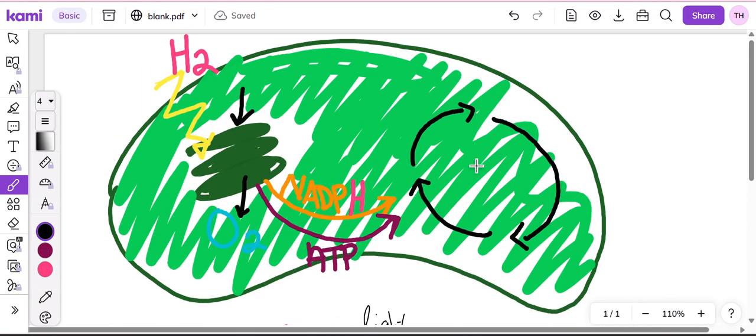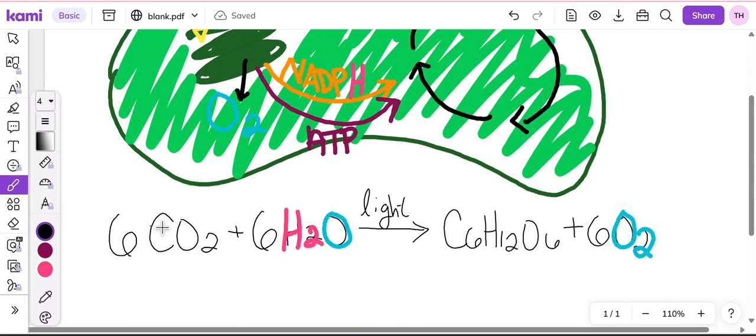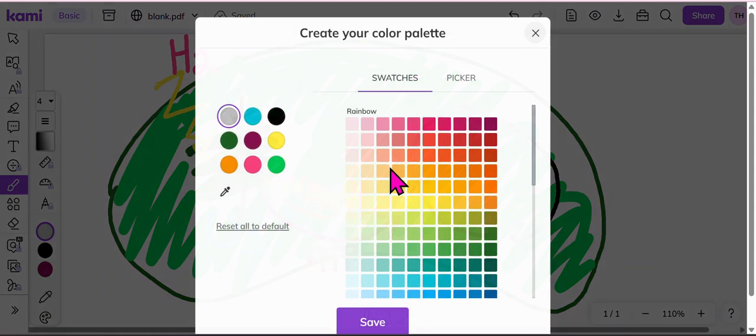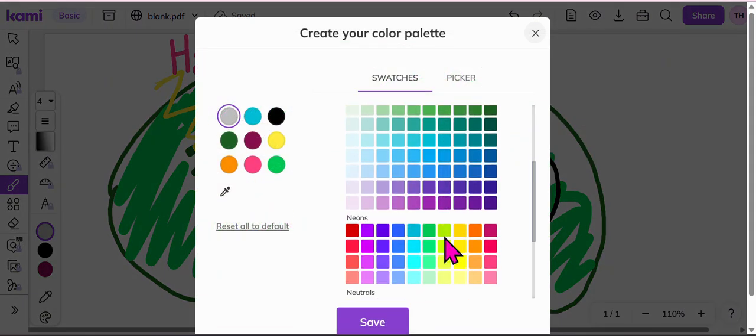And so now in the Calvin cycle, yes, we're getting NADPH, yes, we're getting ATP, but these are just like helper molecules. So we need to also now include our second reactant, which is CO2. All right, so let's go ahead and add some CO2, and I'm going to change this color to something a little bit easier to see.